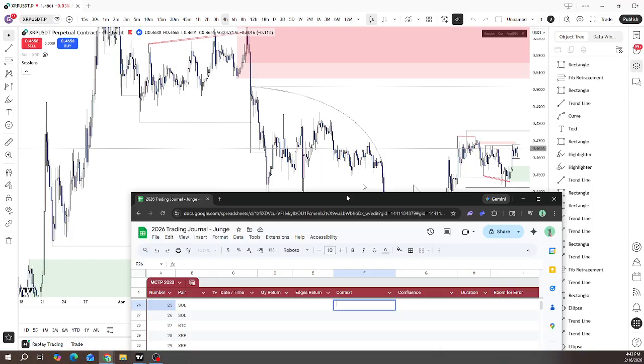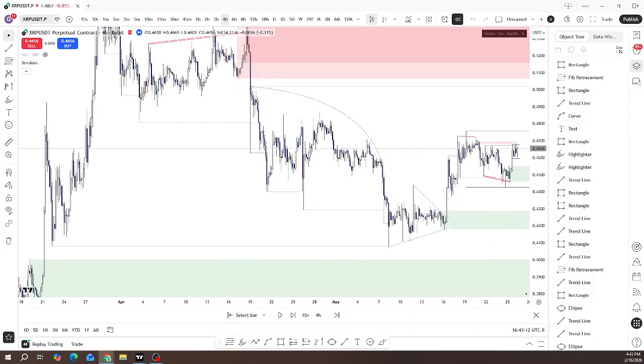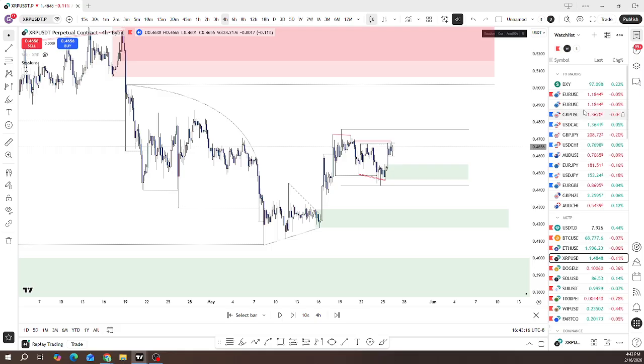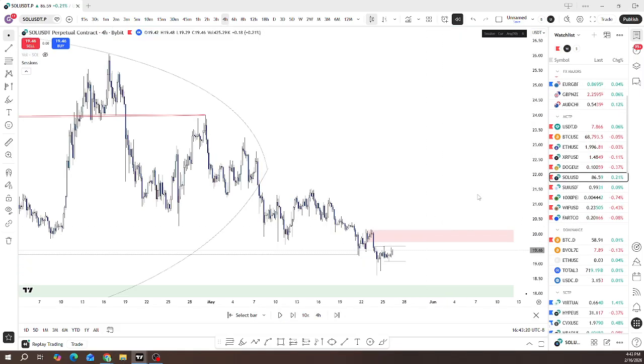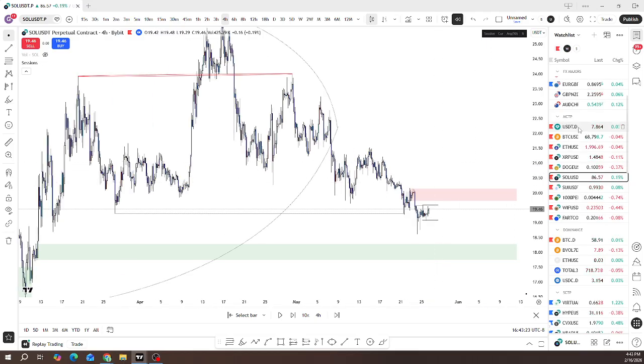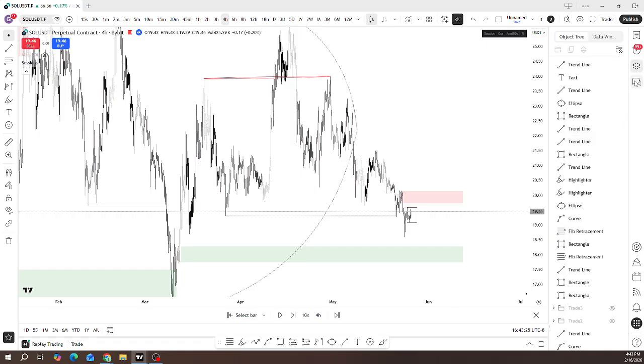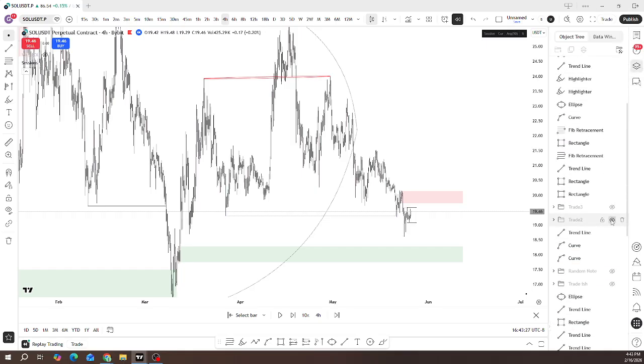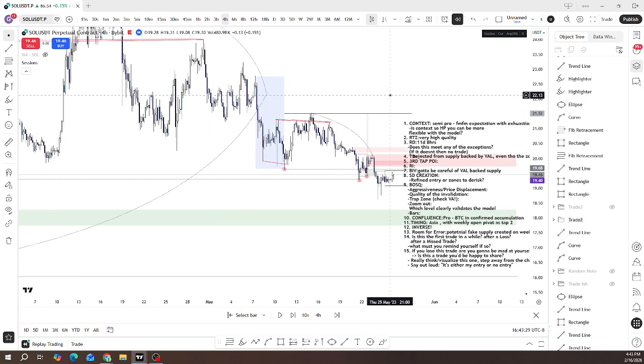Alright, so first things first was that Solana trade. Just gonna pull that to the side, open up Solana. It was this trade right here.